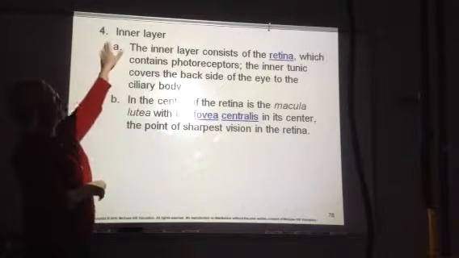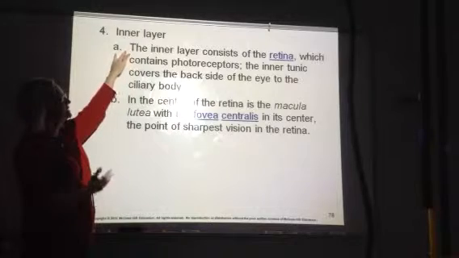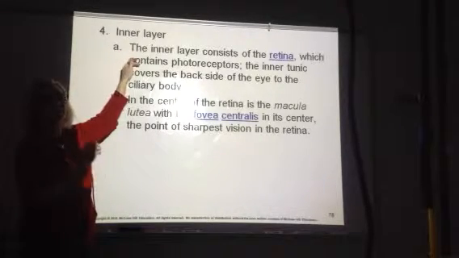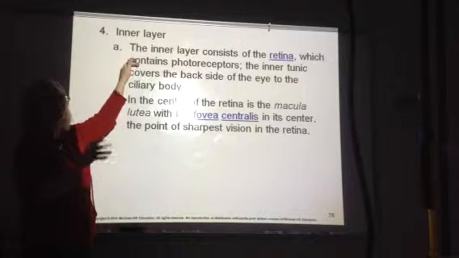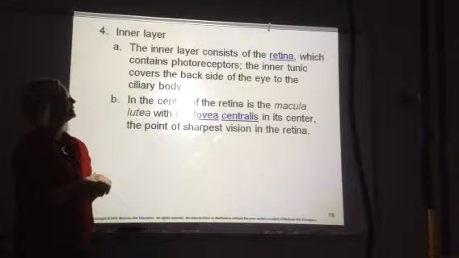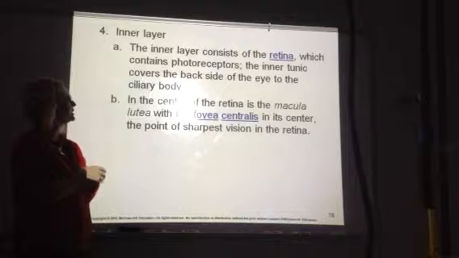So moving on to the inner layer of the eye. The inner layer would consist of the retina, which contains your photoreceptors. It's going to contain your rods and cones that pick up color, pick up shape, and it covers the back side of the eye all the way to the ciliary body that surrounds your lens.